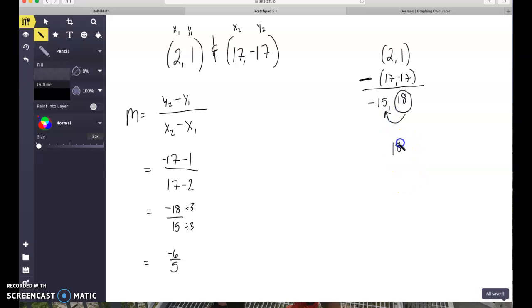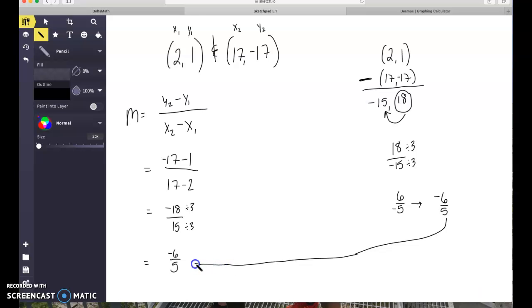So I'm going to do 18 divided by negative 15. And I know those both reduce by 3, which gives me 6 over negative 5. Or, that negative doesn't really need to stay in the denominator. That's the same thing as negative 6/5, which we see is the same answer that we got over here, right?